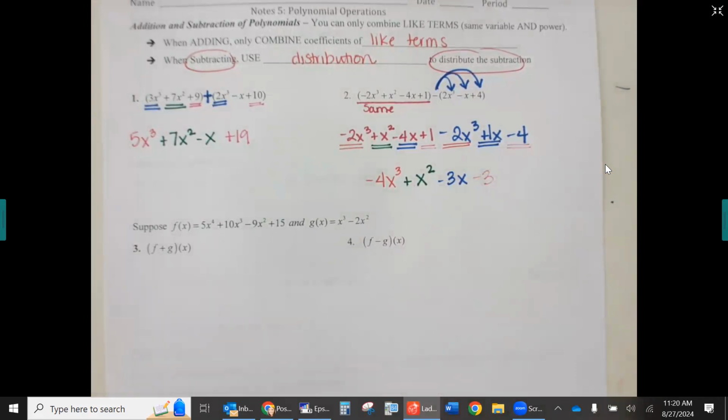Minus 3. Do you guys want to get calculators or are you fine with just adding, subtracting, multiplying? If you want to go get one, maybe get one for a friend. I'll give you a second to do that.